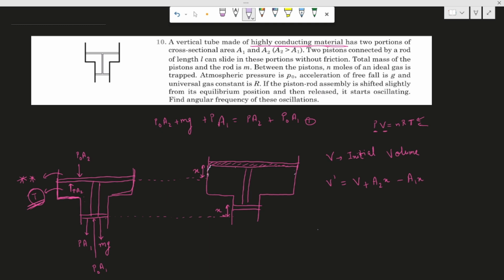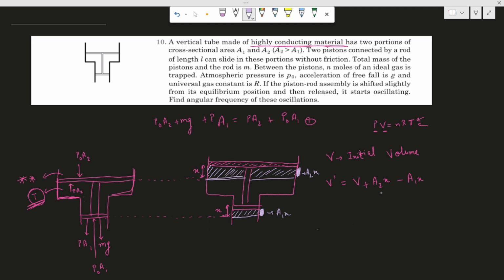Because you can see this much volume of gas chamber is increased now as compared to before, and this much volume from the lower part is decreased. So this amount of volume can be written as A1 into x and subtracted, and this volume can be written as A2 into x, and this volume is added to the initial volume for getting final volume.